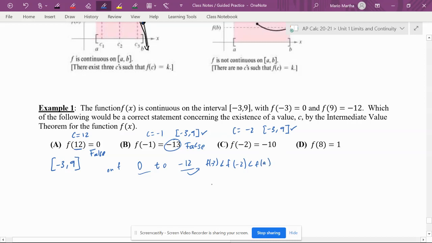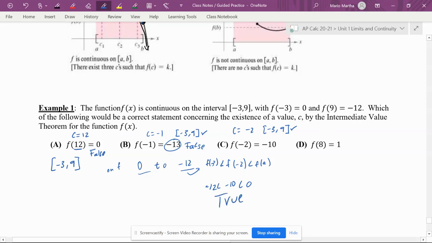In this case, it is, because I know f of -2, which is -10, is between -12 and 0. Actually, I put it backwards. So that one is true.